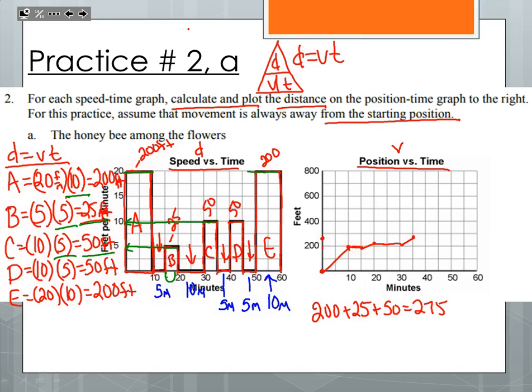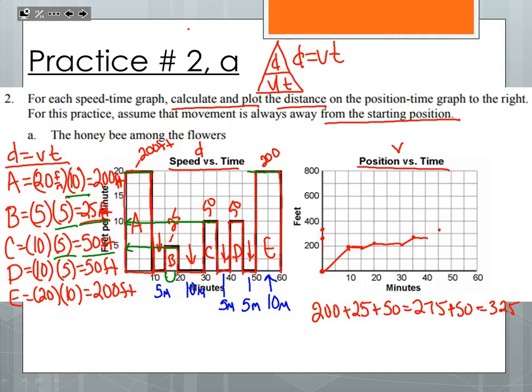And then after A, B, C, he sat there for 5 more minutes. We'll go over 5 more minutes. And then it said at D, he increased 50. I'm going to add 50. And now he's at 325. So 325 would be about here. And he stayed there for 5 more minutes.